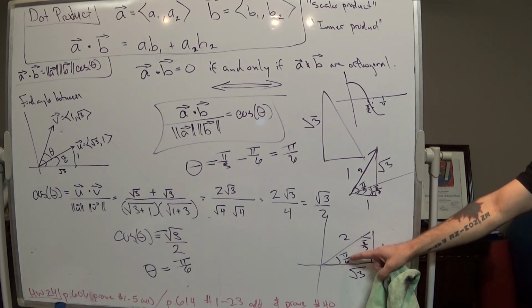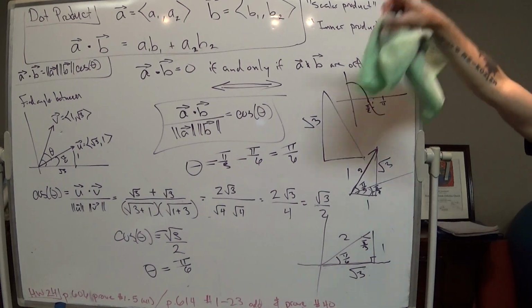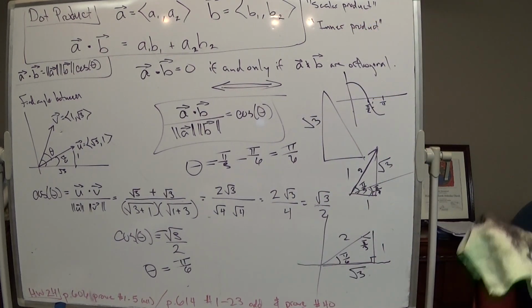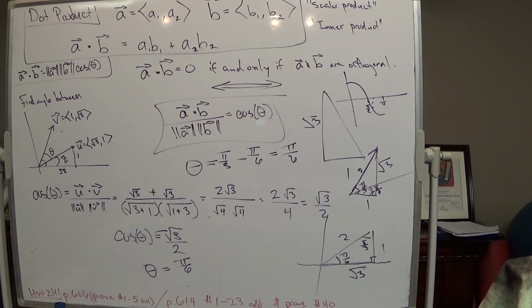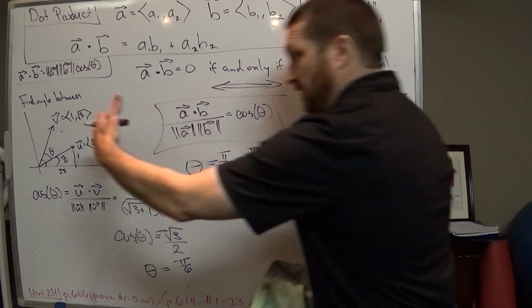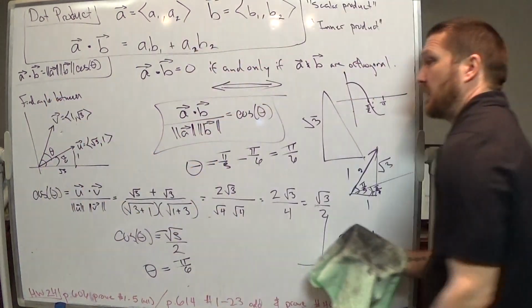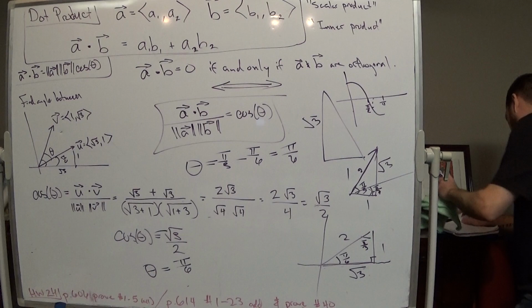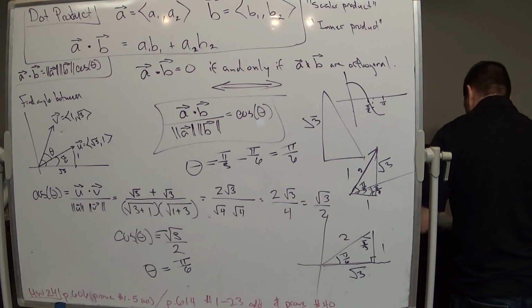So it would be pi over 6, but in the second quadrant, so it would have to be 5 pi over 6. You could find a vector that's 5 pi over 6. Everybody good on that one?